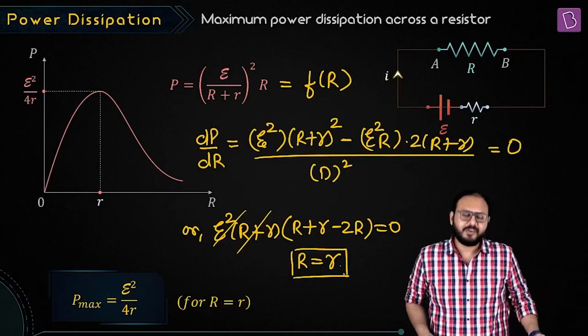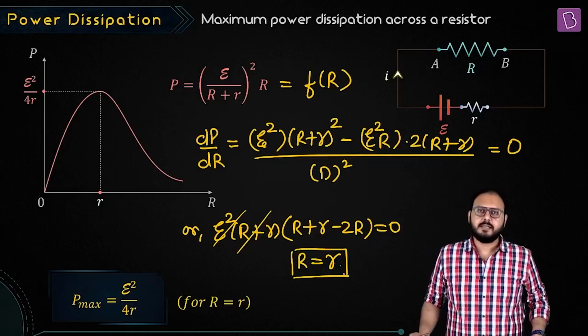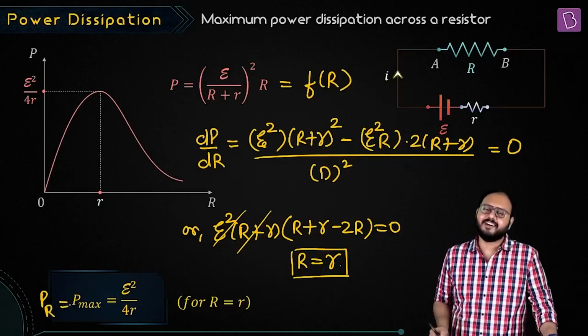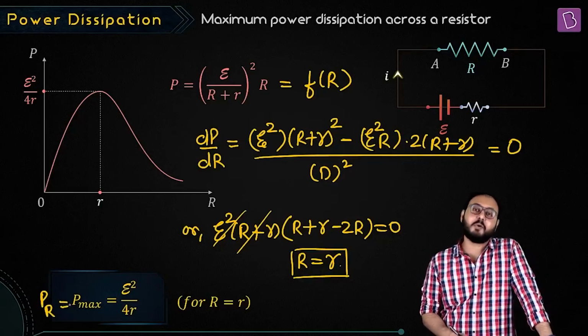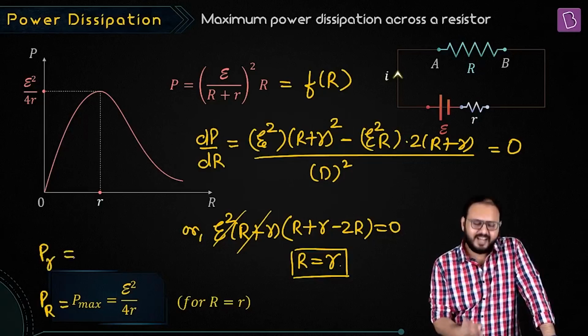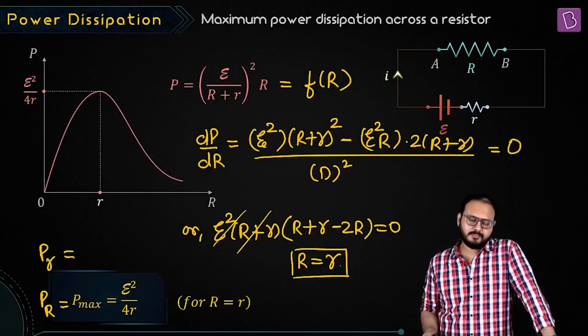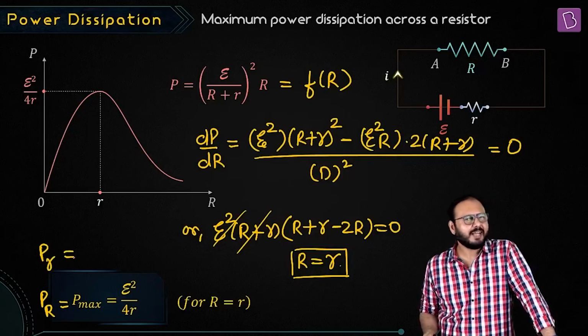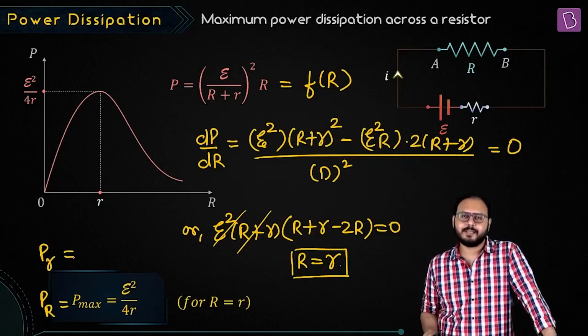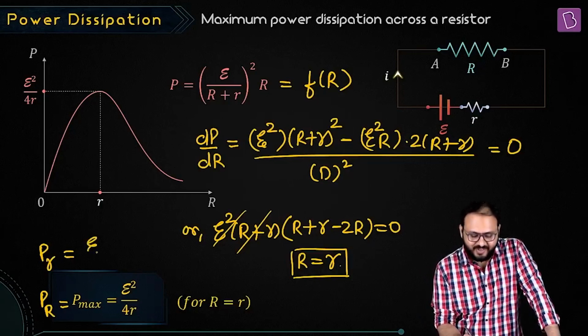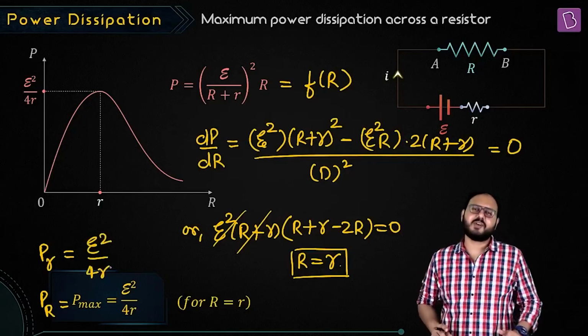This is the power across R. So what is the power across small r right now? Do we have to calculate? Really? What's the formula for power? I square r. Are they both sharing the same I? Yes. Isn't R equal to r at this instant? Oh, okay, sir. So even this will be E square by 4r. Duh.